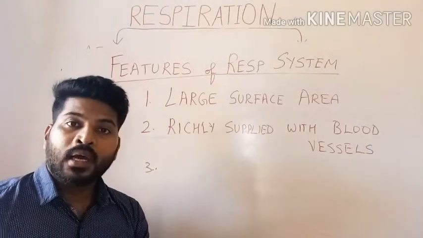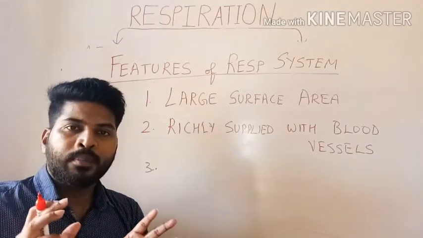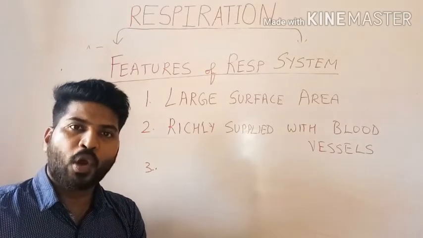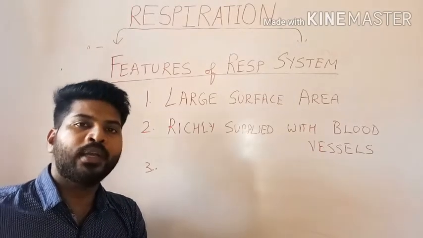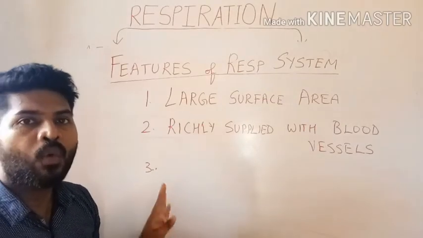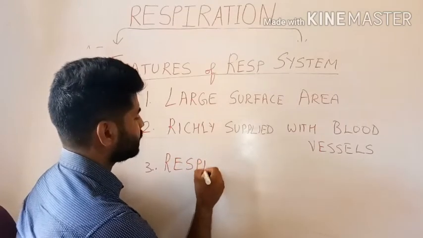Now if the animals are large, big enough, the pressure will not be sufficient to transport oxygen from one part of the body to another part of the body. So these organisms have what are called respiratory pigments.